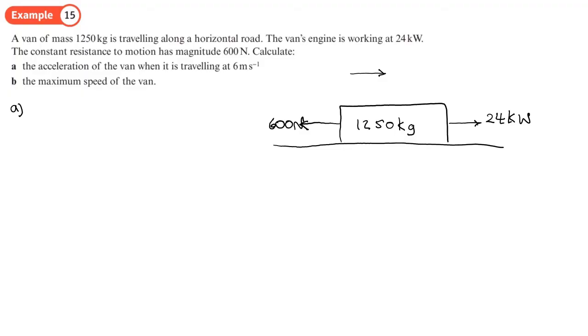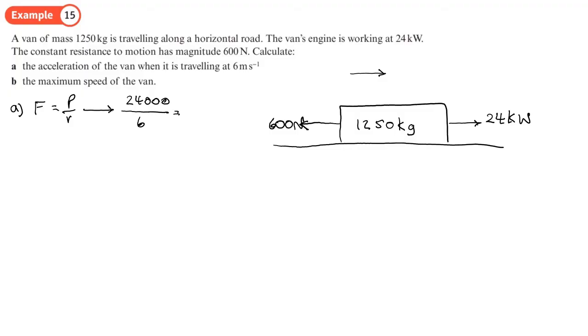So the first thing is that we can work out the pulling force of the engine. When the van is travelling at 6 meters per second, the pulling force is going to be this 24 kilowatts divided by the velocity.